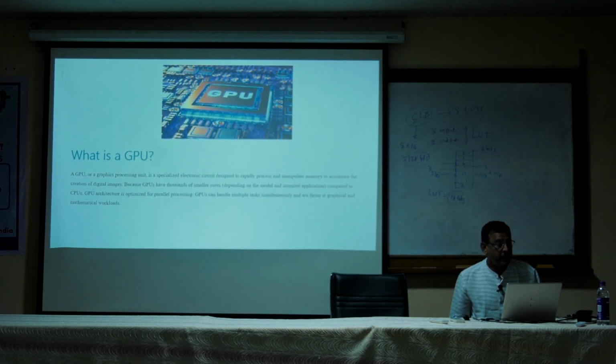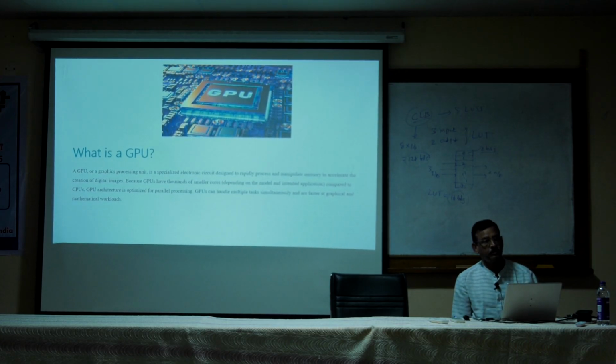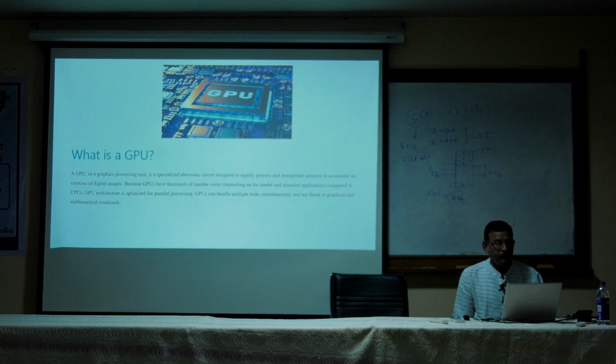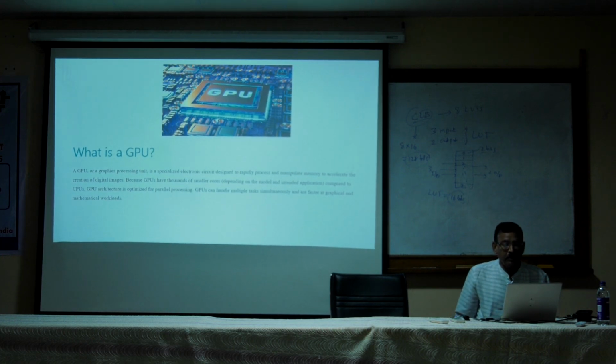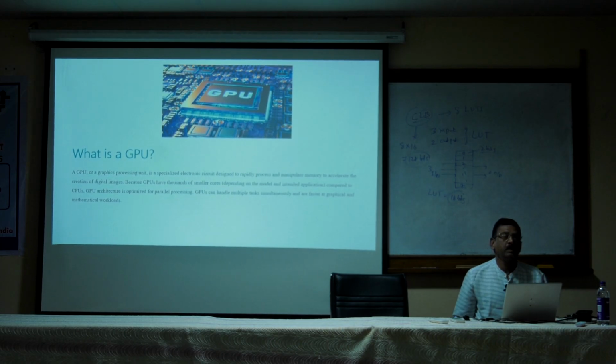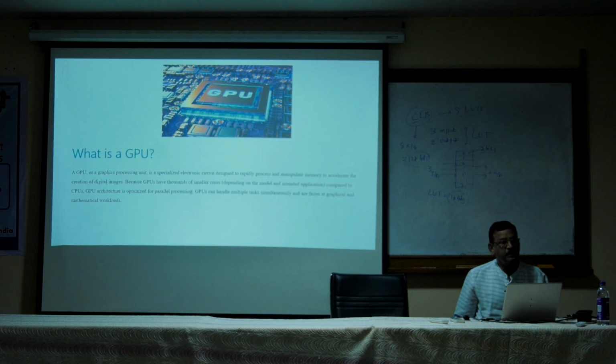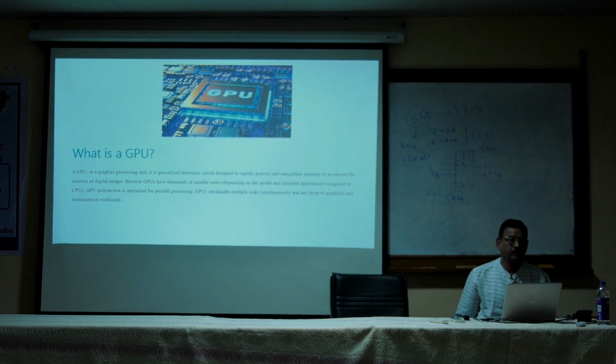Compared to CPUs, GPU architecture is optimized for parallel processing. A GPU can handle multiple tasks simultaneously and is faster at graphical and mathematical workloads. Thousands of operations can be done in parallel in GPU architectures.